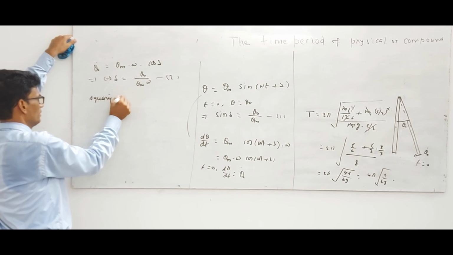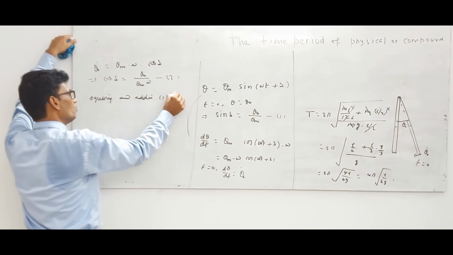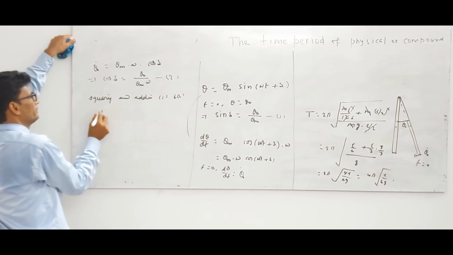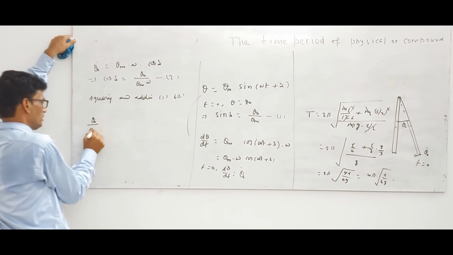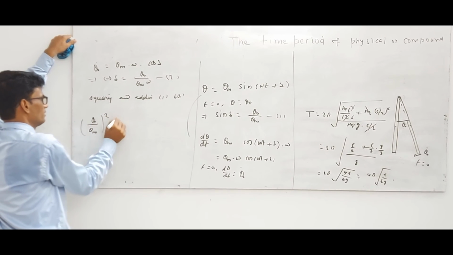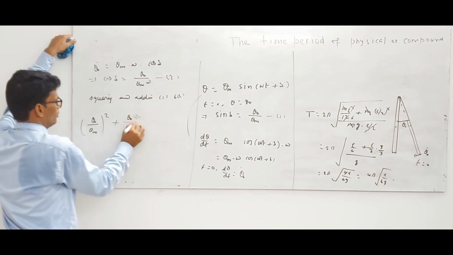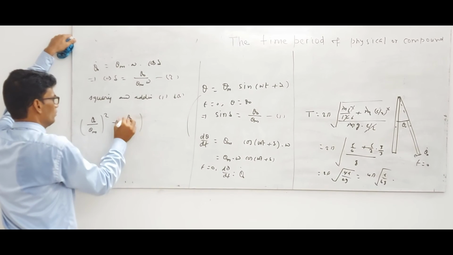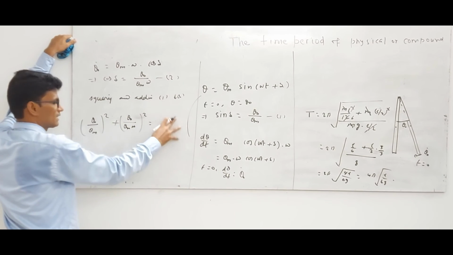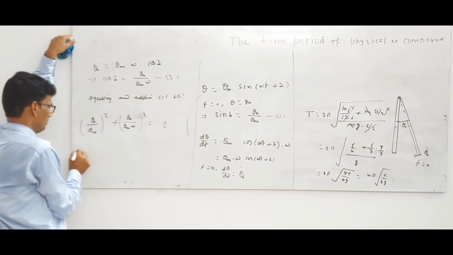Squaring and adding 1 and 2, we get (theta naught over theta maximum) whole square plus (theta naught dot over theta maximum omega) whole square, since sin square delta plus cos square delta comes out to be 1.